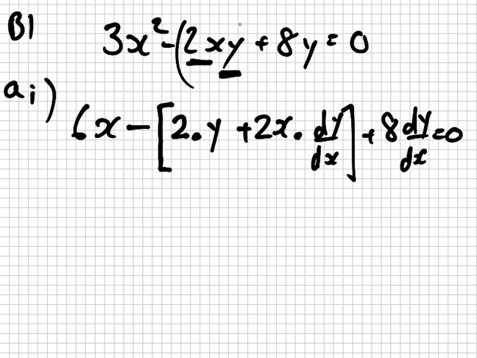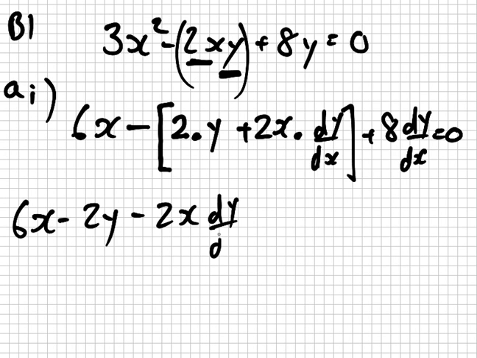You're multiplying two things together. So first I did the derivative of 2x, which is 2, and then the derivative of y, which is dy/dx. So I have 6x minus 2y minus 2x dy/dx plus 8 dy/dx equals 0.